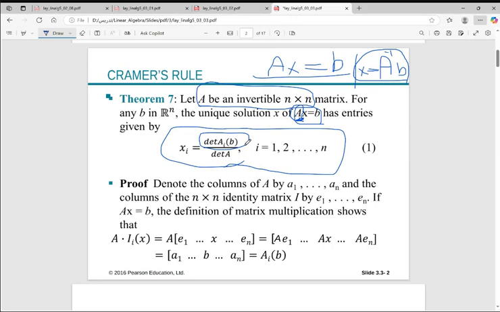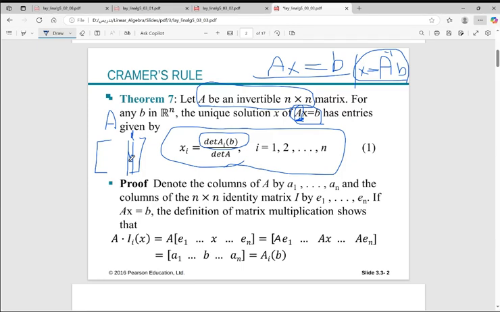This is AiB. So let me write over here. This is A, and this is column i of A. This is column number i of A. If we remove this column from A and put B here, the resulting matrix will be AiB.